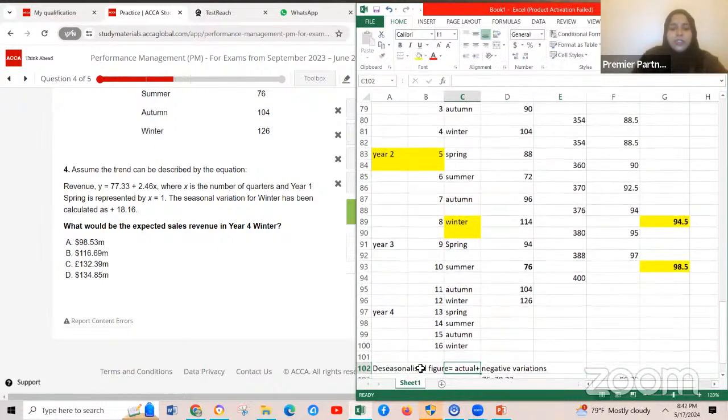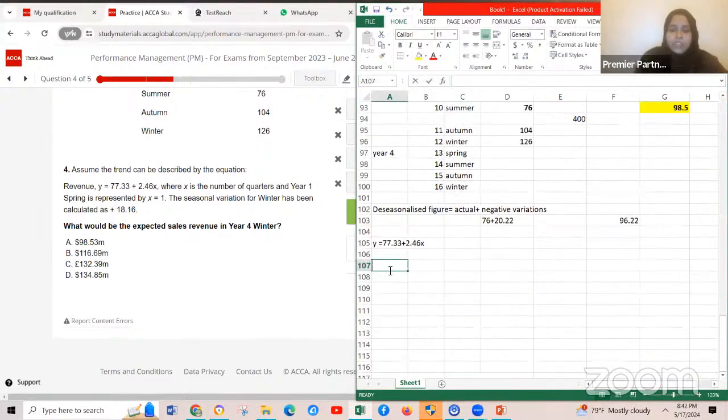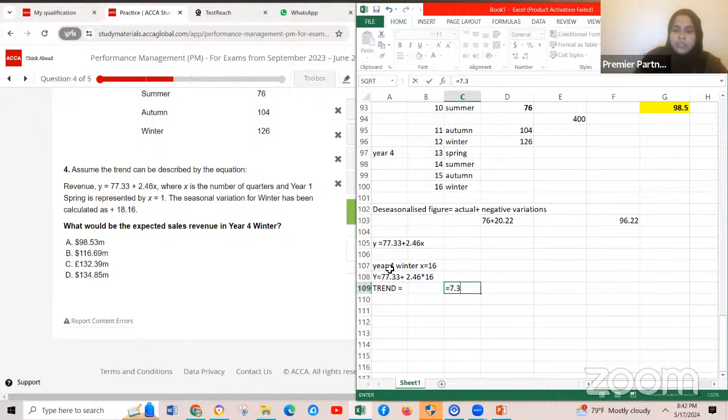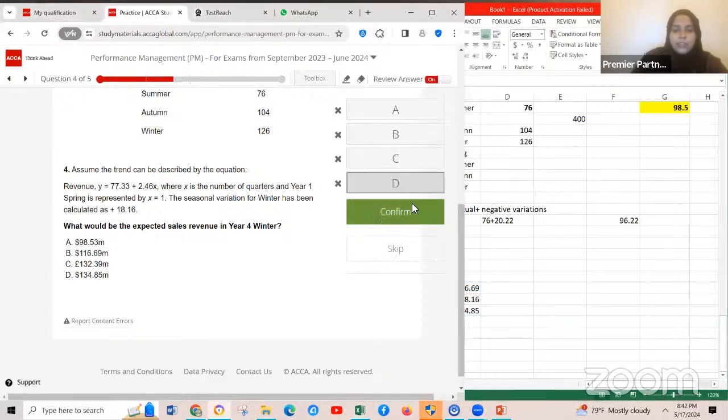So we have to take x equals 16. So when x is equal to 16, what is the trend? We have to find that first. Now for that, we have to adjust the seasonal variation. In winter, there is plus 18.16. $134.85.